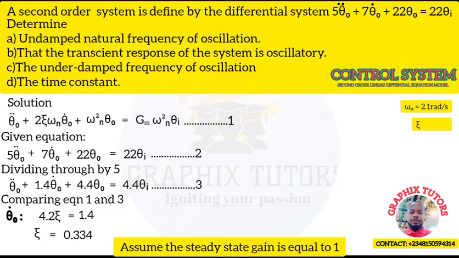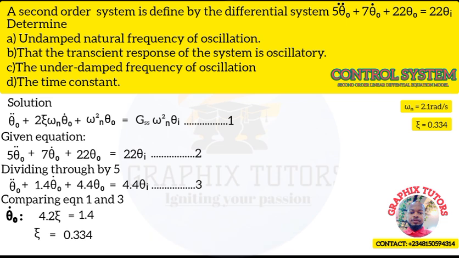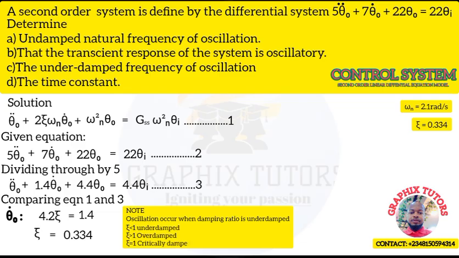That is our zeta. And the big question says that we should determine that the transient response of the system is oscillatory. So what is the cause of oscillation of the transient response? This occurs when the system is underdamped. And when is it underdamped? When the damping ratio is less than 1, but not equal to or greater than 1.